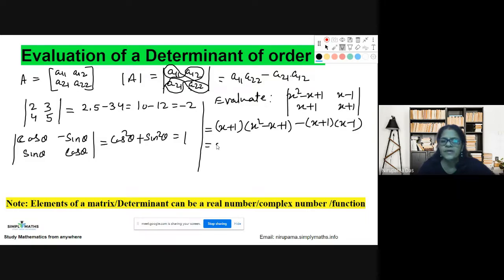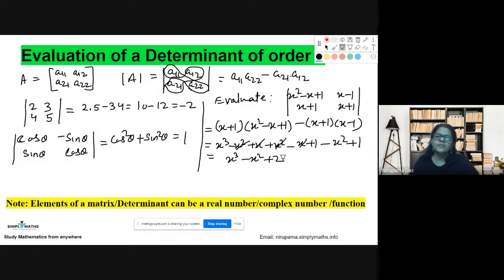So x cube minus x square plus x square minus x plus 1, minus x square plus 1, right? So this is cancelled. We can calculate quickly. We are getting x cube minus x square plus 2. This is the value of the determinant.